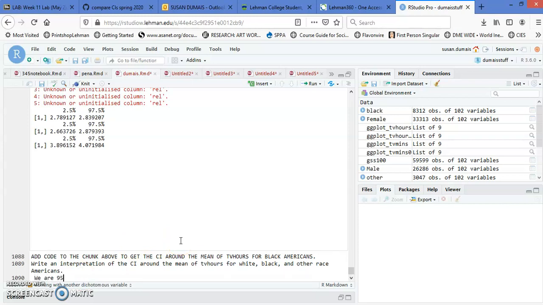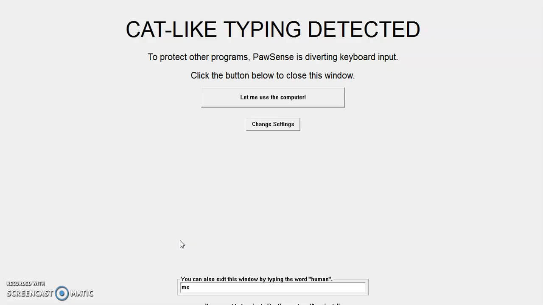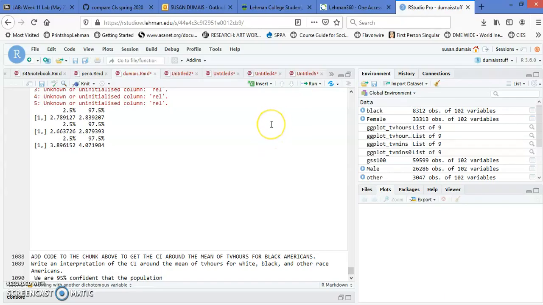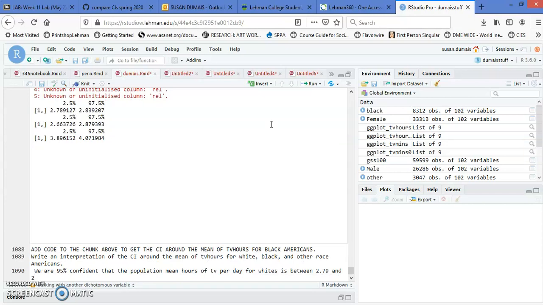We are 95% confident that the population mean hours of TV per day for whites is between 2.79 and 2.84.